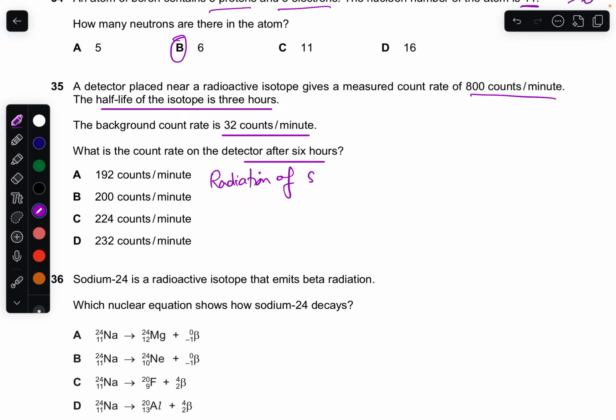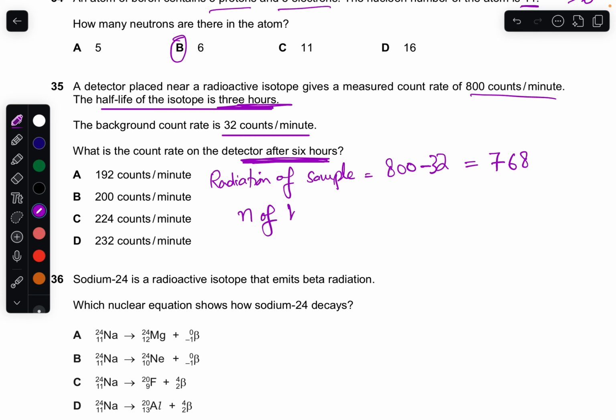Radiation of sample is the reading, that is 800 minus background radiation 32. Okay, so this will give you 768. Now, you have to check the half-life is 3 hours, and you have to tell after 6.